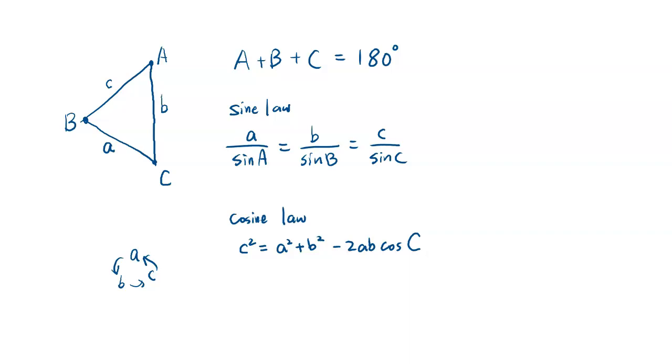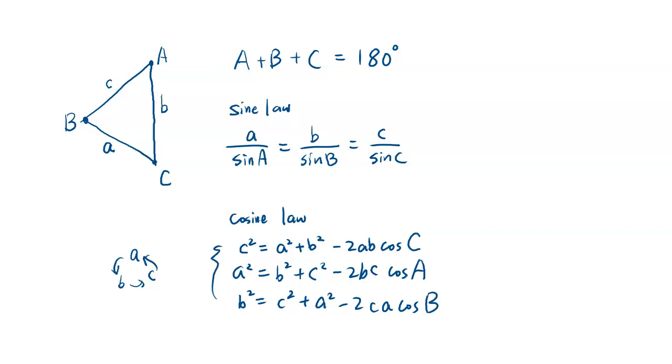So if I apply this, c becomes a, a becomes b, b becomes c, and then minus 2, a becomes b, b becomes c, and then cosine, and then C becomes A. And thirdly, if you apply this yet again, a becomes b, b becomes c, c becomes a, and then minus 2, b becomes c, c becomes a, and then cosine angle, and A goes to B. So there are these three laws.